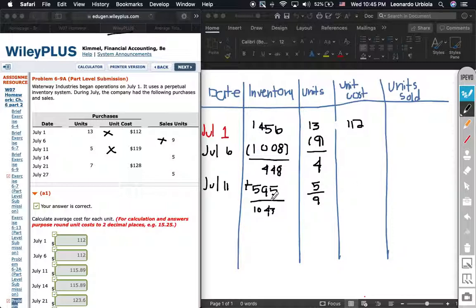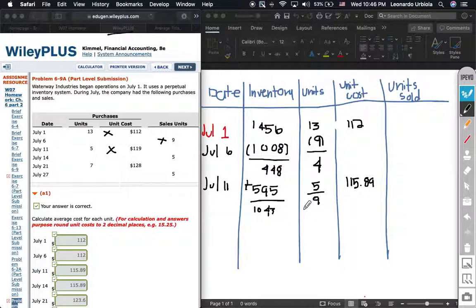So the result of 1,043 divided by 9 equals 115.89. So that's the unit cost that we will record on July 11 and July 14.